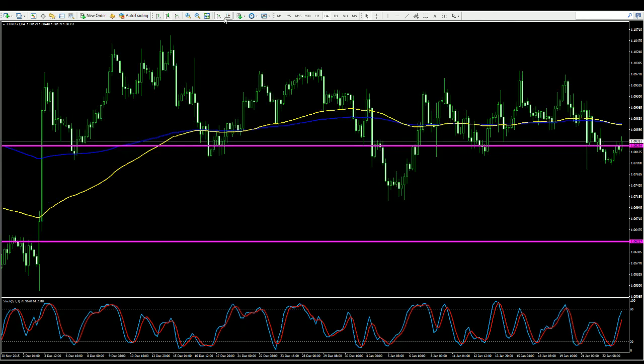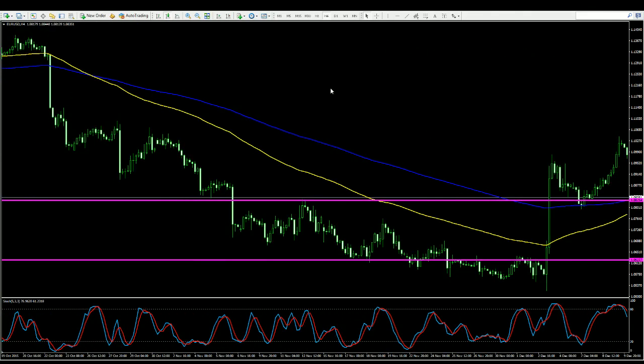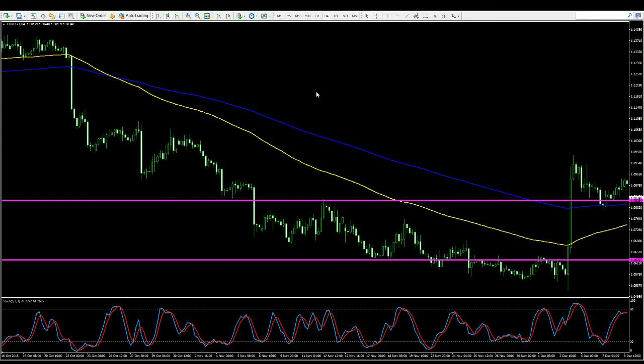But let's go further back to see a more clear trend here. This is perfect. If we go back, there you go. Now you have a clear trend, because the more distance between those candlesticks, those lower highs or higher lows for that matter, and the EMAs, the stronger the trend is, right?